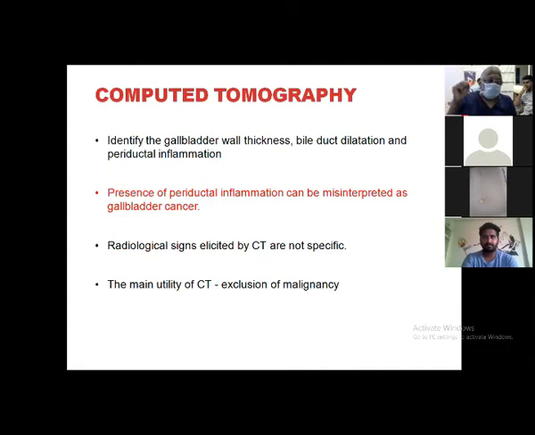The best thing would be an MRC or MRCP compared to computed tomography to find out Mirizzi. It identifies gallbladder wall thickness, bile duct dilatation, periductal inflammation. Presence of periductal inflammation can be misinterpreted as gallbladder cancer. Radiological signs elicited by the CT are not specific. The main utility of CT is exclusion of malignancy.